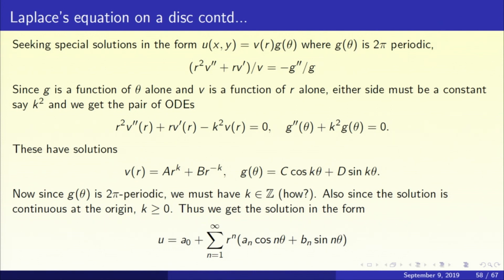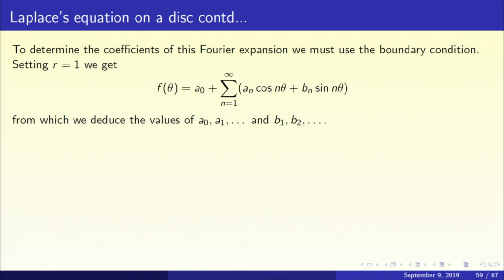When you put r equal to 1, the left hand side is u of cos theta comma sin theta, that is f of theta. So we get the equation f of theta equal to a naught plus summation n from 1 to infinity a_n cos n theta plus b_n sin n theta.